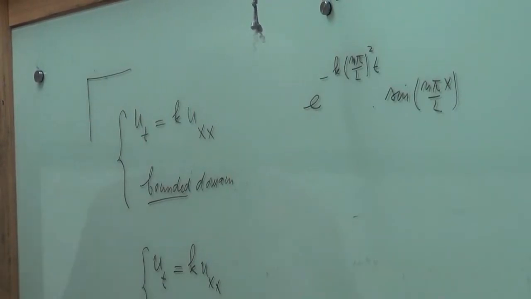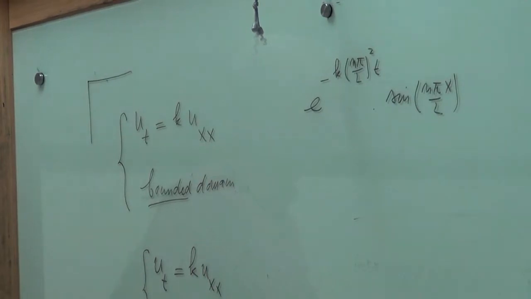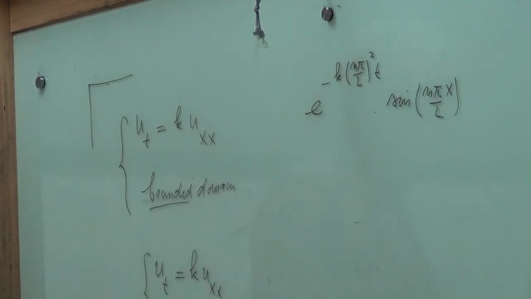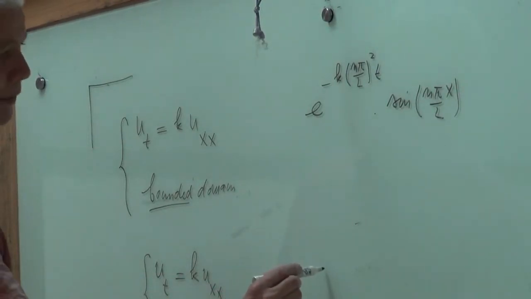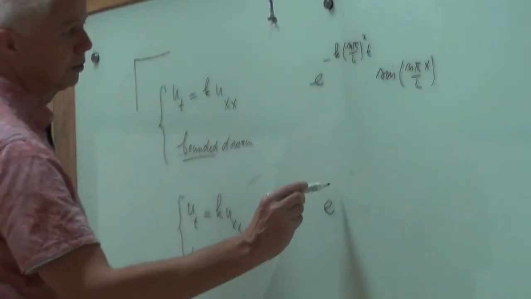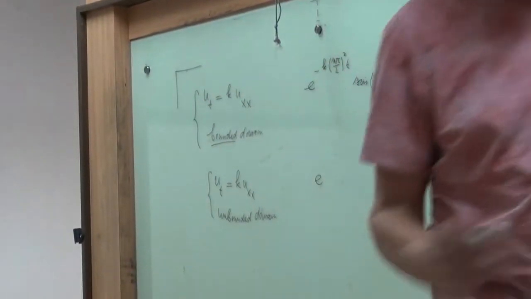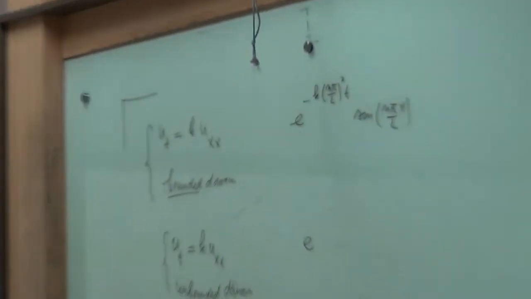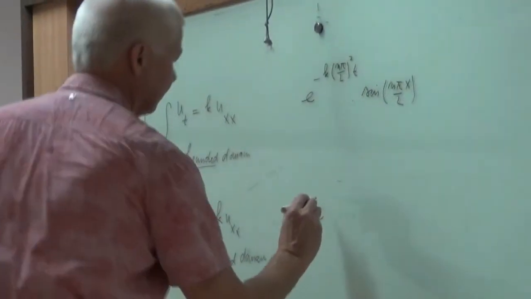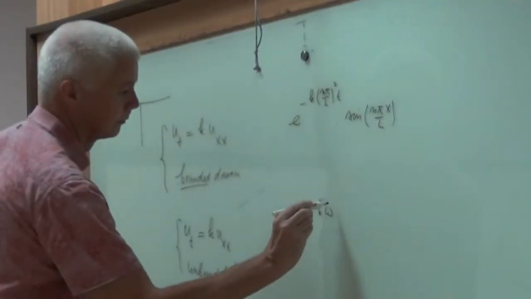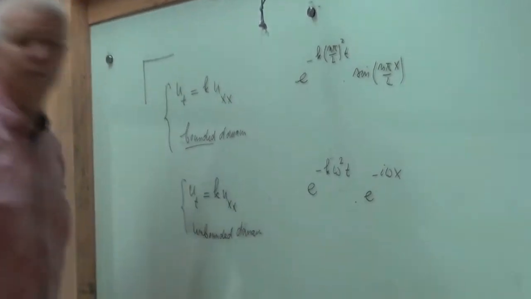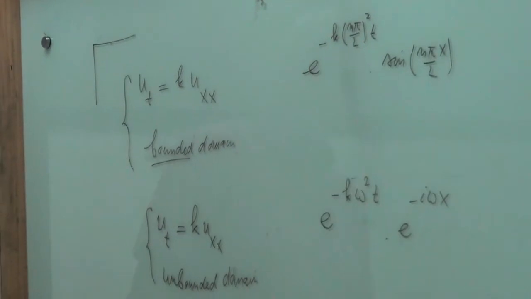Now let's have a look at this problem. If I have a heat equation on an unbounded domain, x running from minus infinity to infinity, what kind of solutions can we expect to see? Well, you can immediately verify that you get solutions of the form e to the power minus k omega squared t times e to the power i omega x.